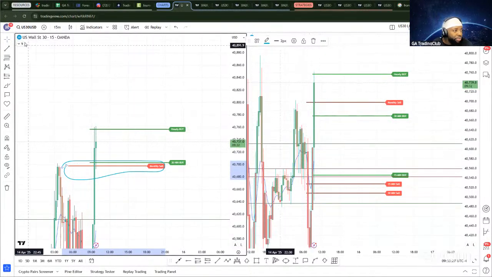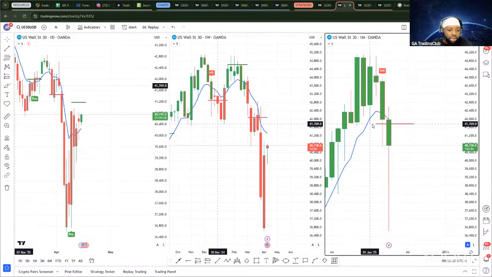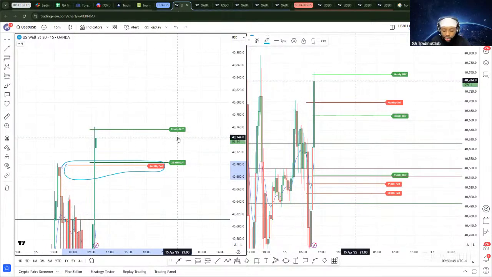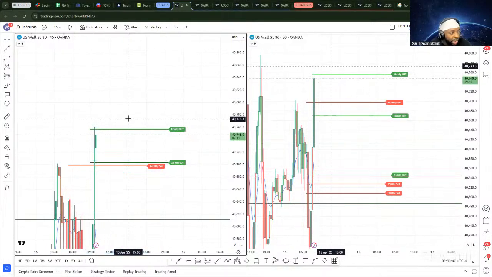This monthly level in US 30 is not supposed to be there. It's supposed to be at 41,741 because if you look at it here, this is the monthly SAR sell 41,764. But the SAR levels change; when you look at high time frame SAR levels from a lower time frame, they're not always aligned.